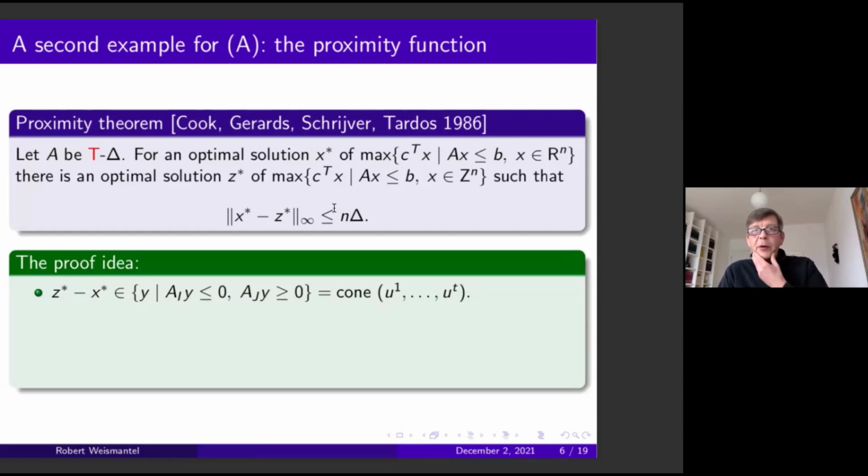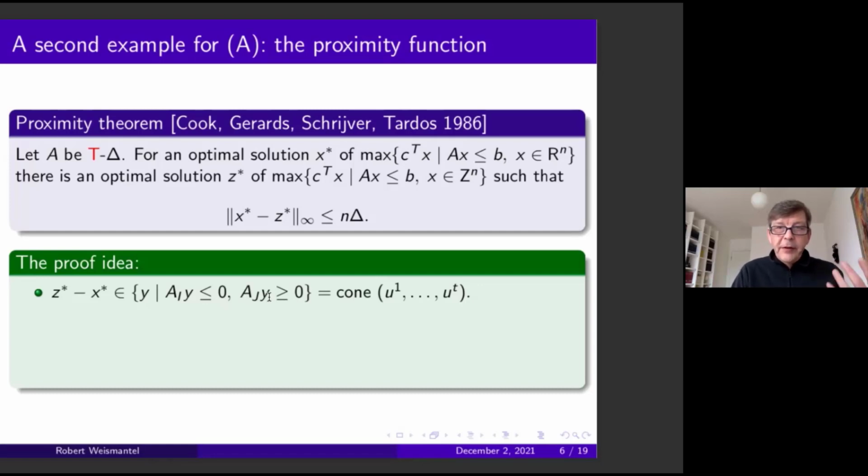So how do we get this bound of n times delta? The proof idea is you look at this difference vector, z star minus x star. What you know is this vector lies in a cone, and the cone is defined by the given inequalities of our matrix A. For a subset of them, you know that the difference vector is less or equal to 0, and for the complementary subset, you know that A_J y is greater or equal to 0.